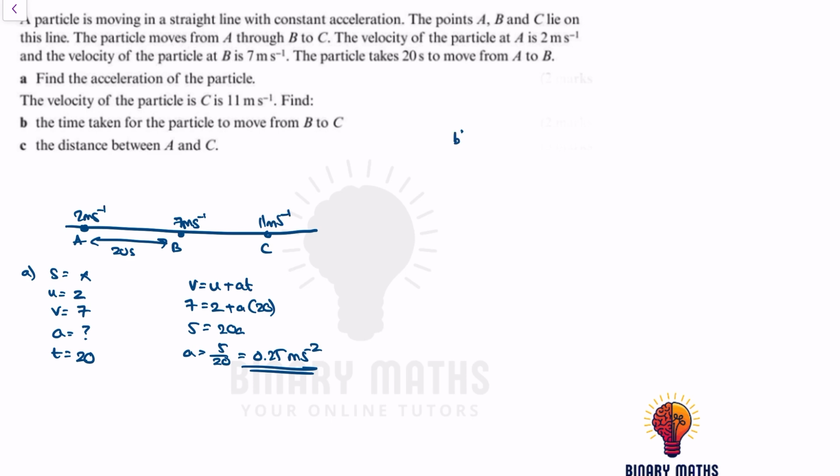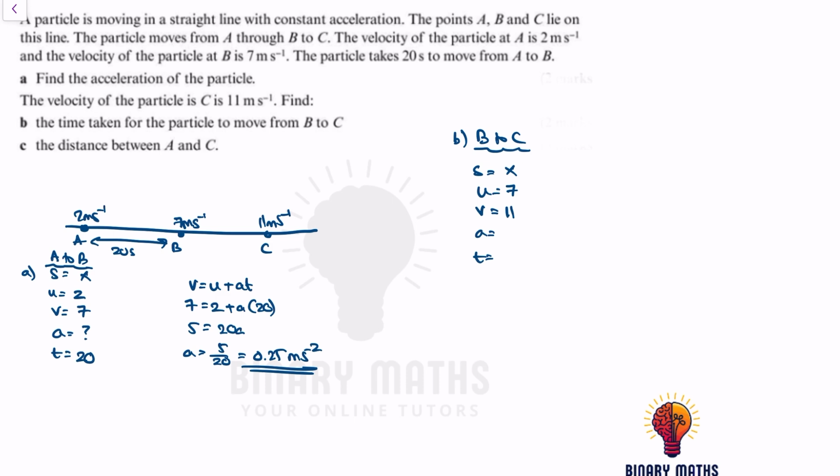Okay, part B. Find the time taken for the particle to move from B to C. So I should have said A to B is my subheading. This is B to C is my subheading. So SUVAT again. Again, I don't know the displacement. Initial speed is 7. Final speed is 11.